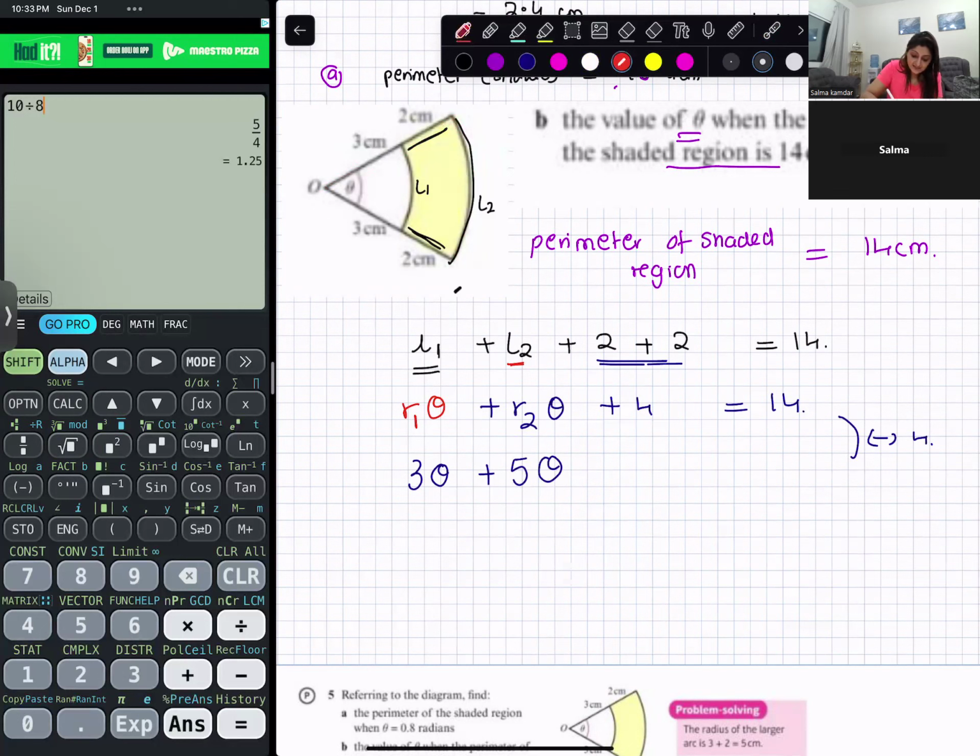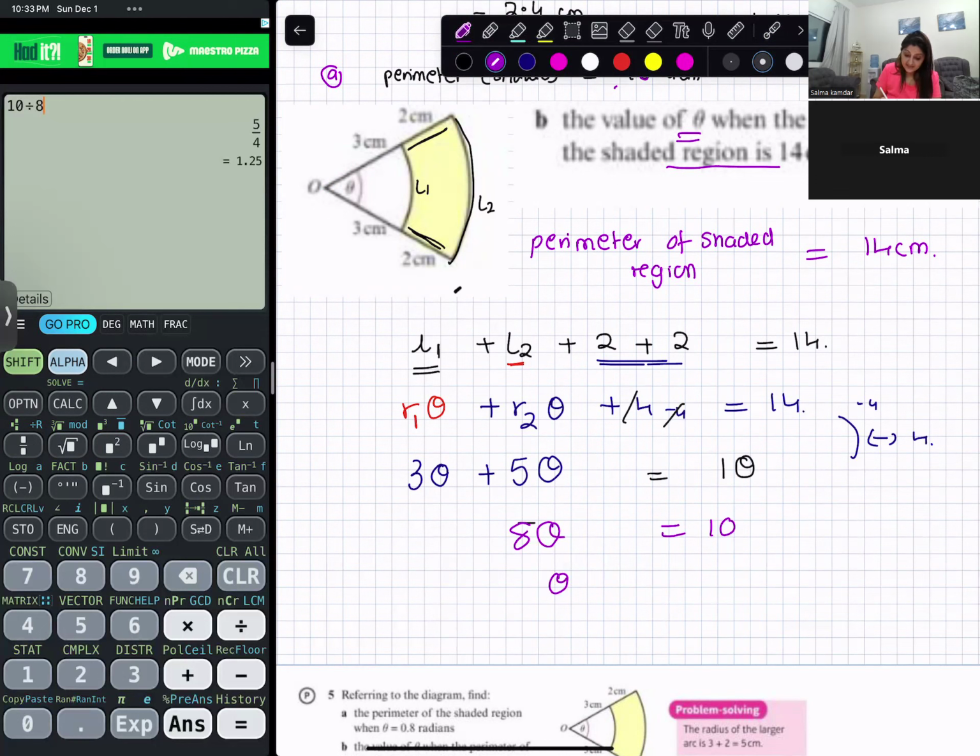And since I am deducting 4 from both the sides, minus 4 and minus 4, this would go away, and I will be left with 3 theta plus 5 theta is equal to 10. I would take theta in common, and I would put over here 3 plus 5, or alternatively, I can do 5 theta plus 3 theta, which is nothing but 8 theta is equal to 10.